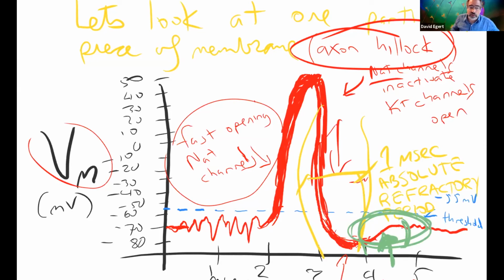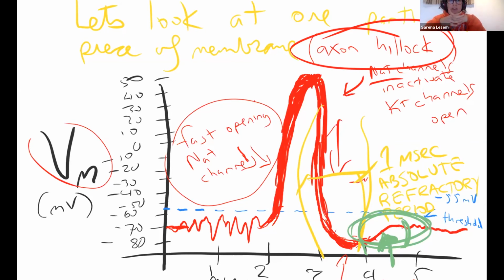And it's still kind of hyperpolarized because those pokey potassium channels haven't all closed and gone back to their resting. So is this clear, crystal clear? I have a question. Yeah.